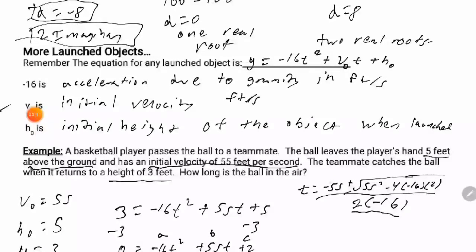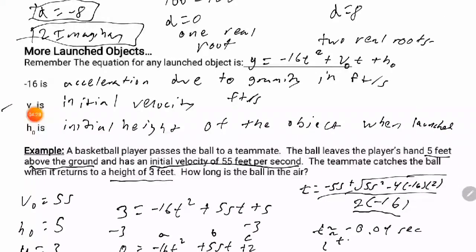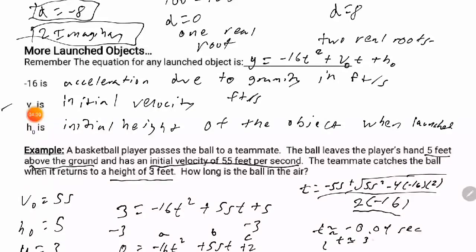And then you're going to do negative 55 minus this number divided by negative 32. And you'll get t is around negative 0.04 seconds, or t is 3.47 seconds.